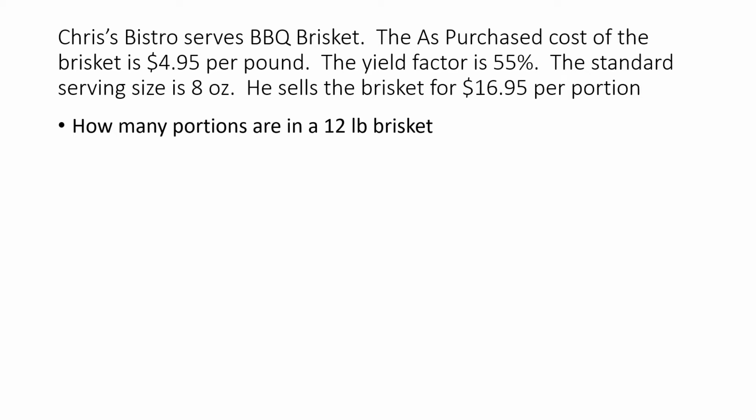So we know that we're not going to get all 12 pounds of brisket out of that. Okay, so we have to apply the yield factor. So the first thing is, okay, write it exactly like this.